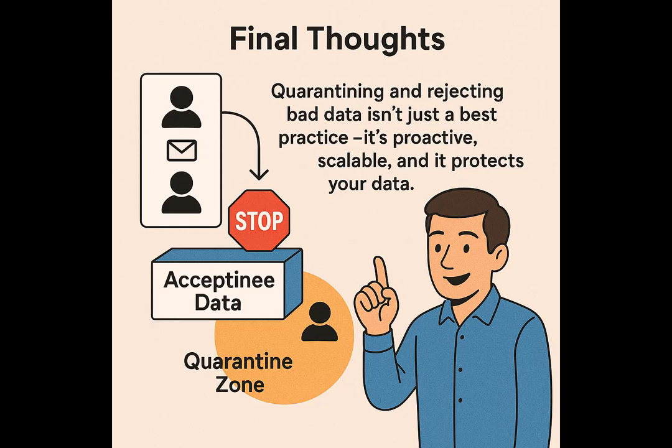Step three, quarantine data. Create this quarantine zone, and this could be as simple as a table, a SharePoint list, an Amazon S3 bucket, no endorsement of Amazon, it could be Google as well. Just keep whatever it is out of production.